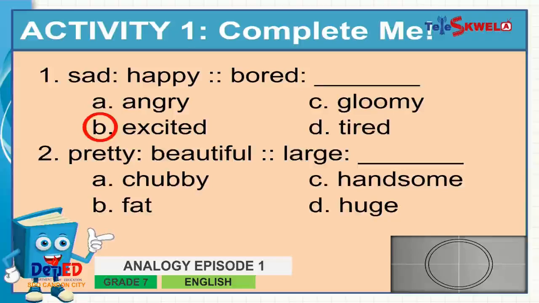Letter C, handsome. And letter D, huge. And the answer is letter D, huge. Pretty has the same meaning with beautiful as large has the same meaning with huge.